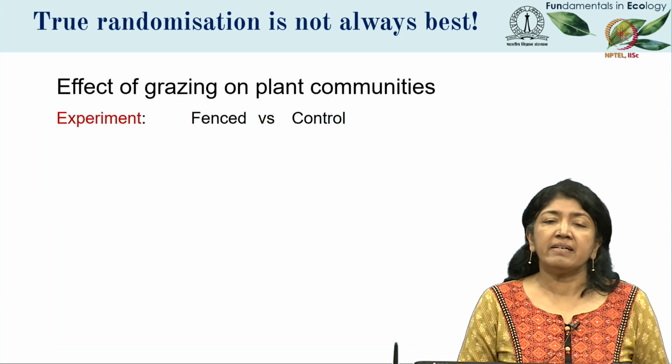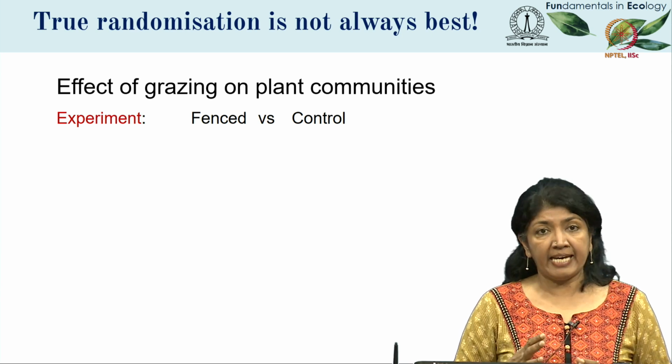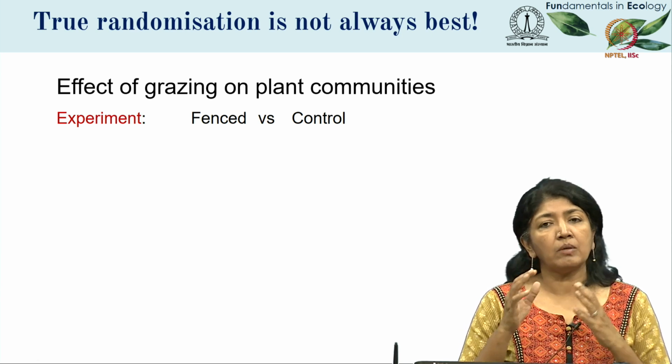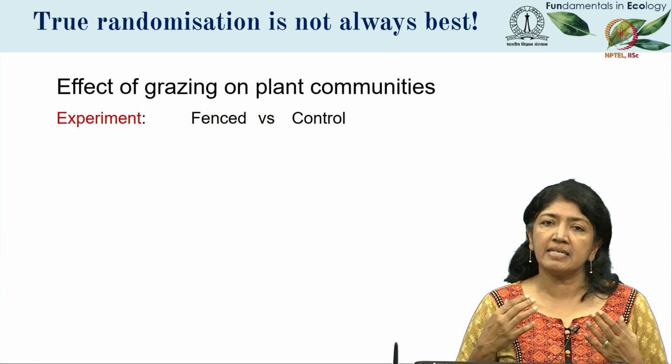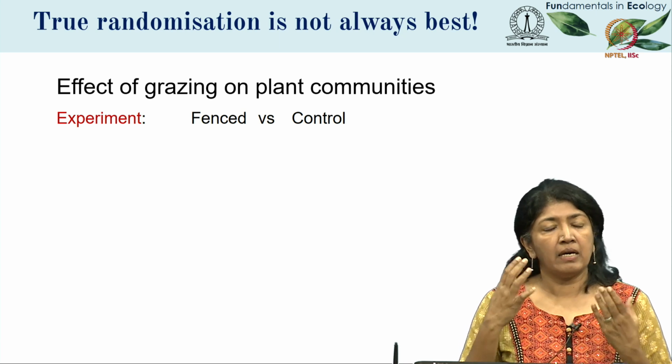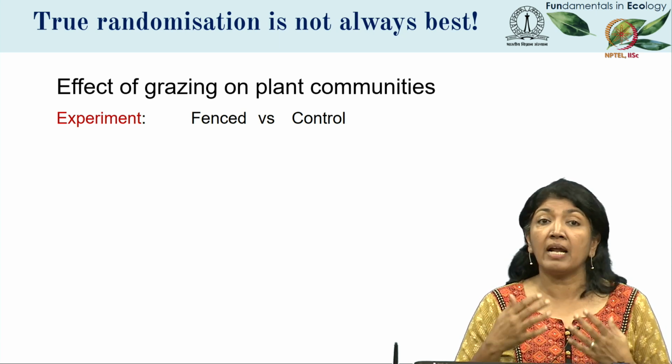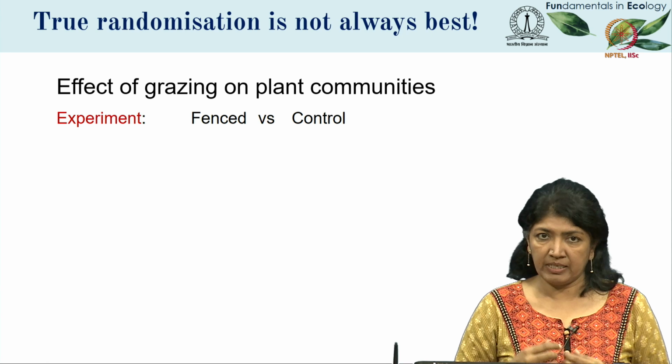Let us say I am interested in the effect of grazing by large herbivores on plant communities. So, I am interested in grazing by, say, large antelope or large deer on plant communities.